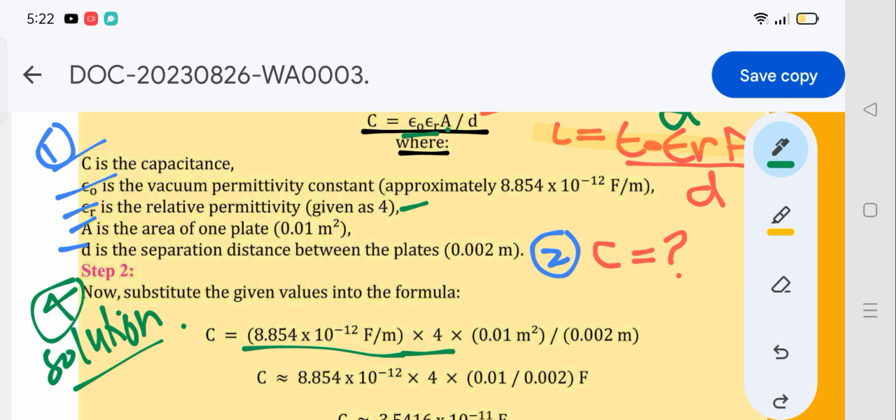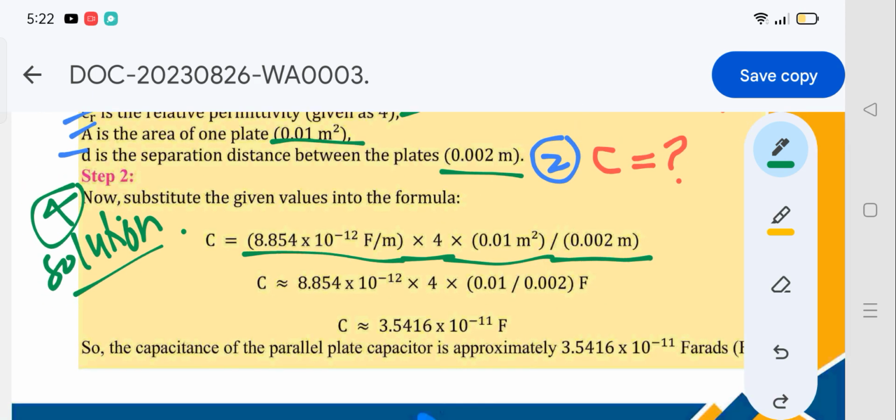Into area, already given in the question, equal to 0.01 meter square. Per unit distance, and the distance between the two plates is 0.002 meter, so we have divided by 0.002 meter, right? After solving this entire equation, you're going to get the capacitance of the capacitor equal to 3.5416 into 10 to the power minus 11 farad, right?